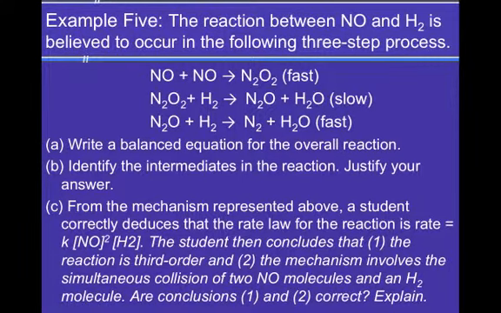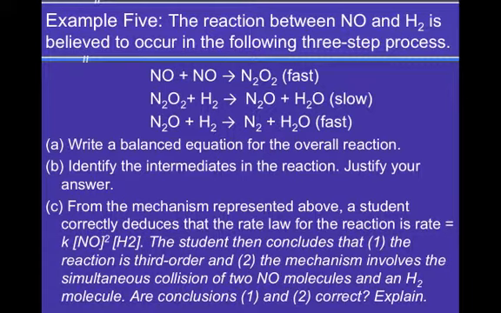From this mechanism above, a student deduces that the rate law is k times the concentration of NO squared times the concentration of H2. The student then concludes that the reaction is third order. The mechanism involves the simultaneous collision of 2 NO molecules and an H2 molecule.